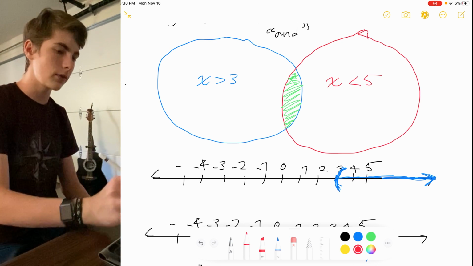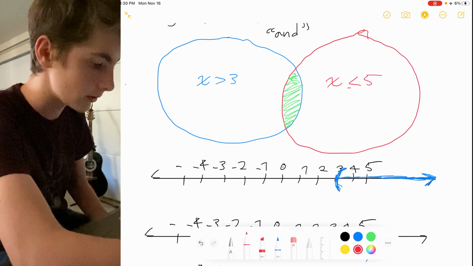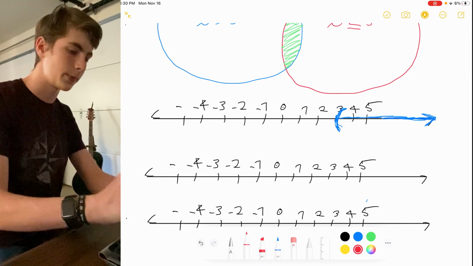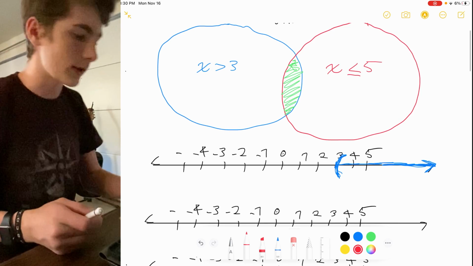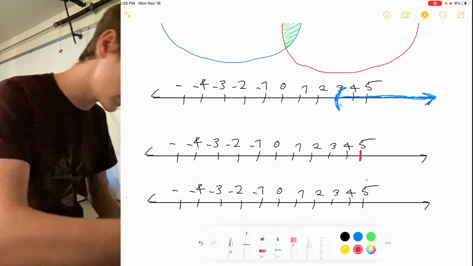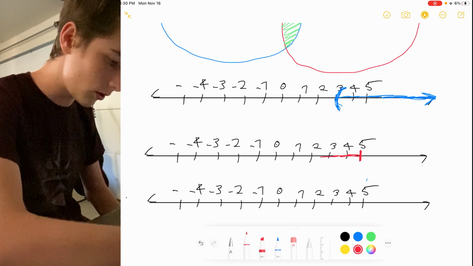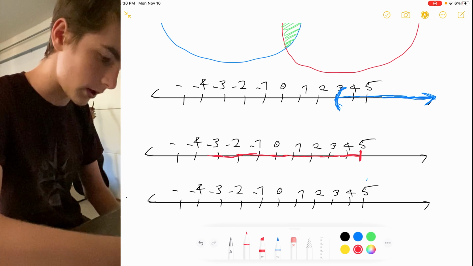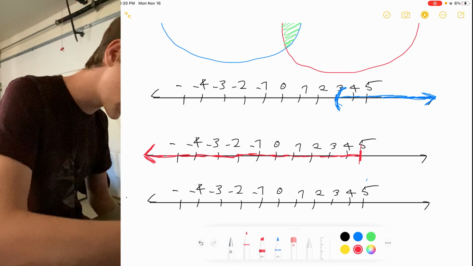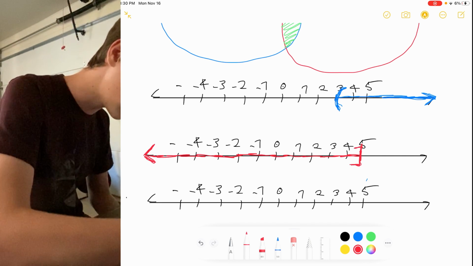Actually, let me make this x less than 5 up here. Let's make that less than or equal to 5, just so we can get all the different pieces going on here. Okay, so now let's graph x is less than or equal to 5, right? So that's going to be, we start at 5, and we go all the way this way, right? And then we're going to use that bracket because it's less than or equal to.